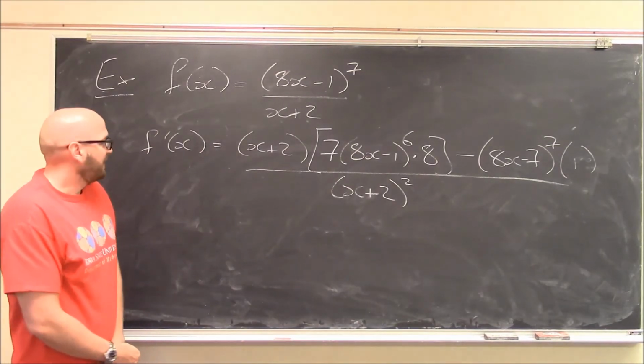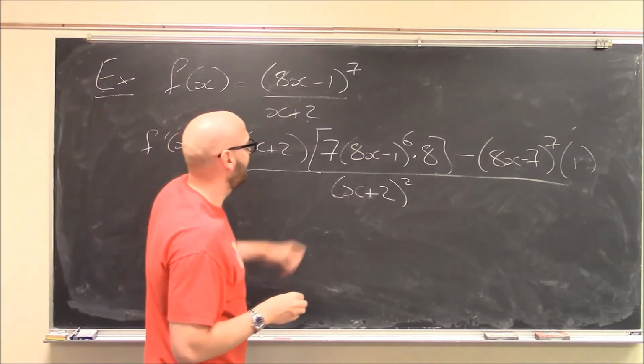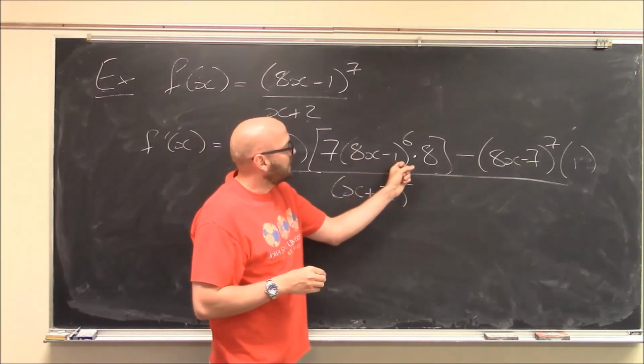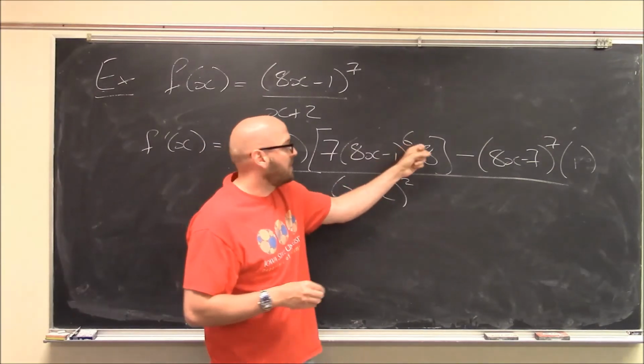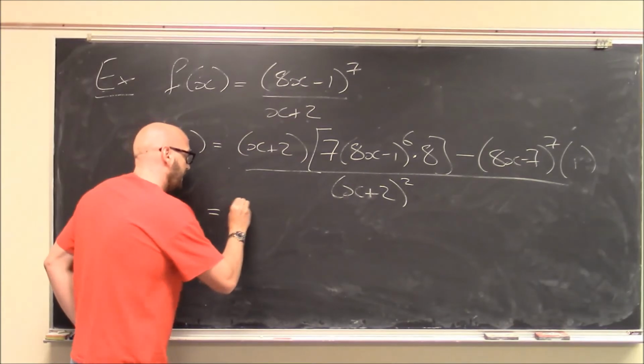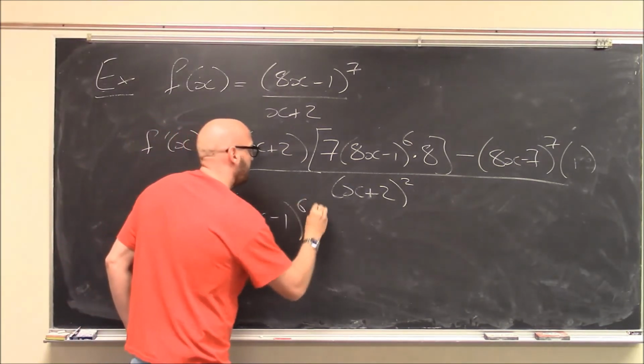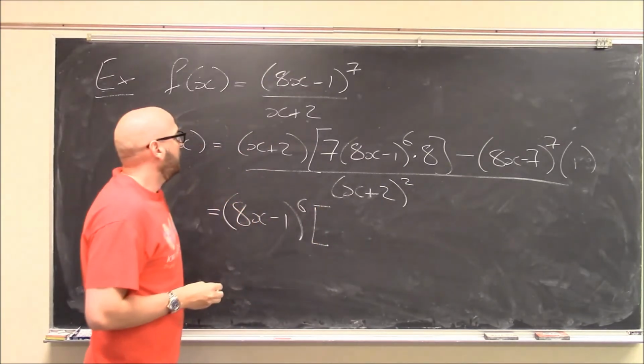And I said I wasn't going to simplify, but I can't help myself. Let's simplify this as much as we can. (8x - 1) to the 6th, that's common to both of these expressions. So I'm going to pull that whole thing out. We've got (8x - 1) to the 6th. Then what are we left with?